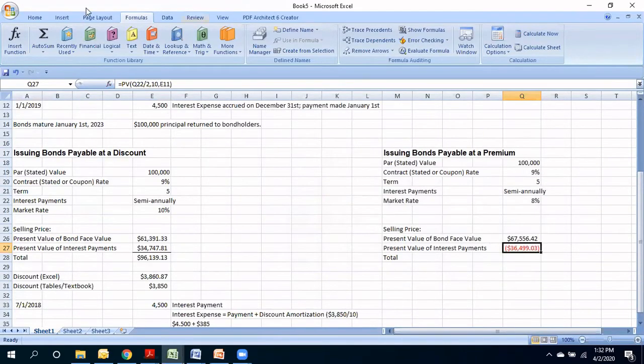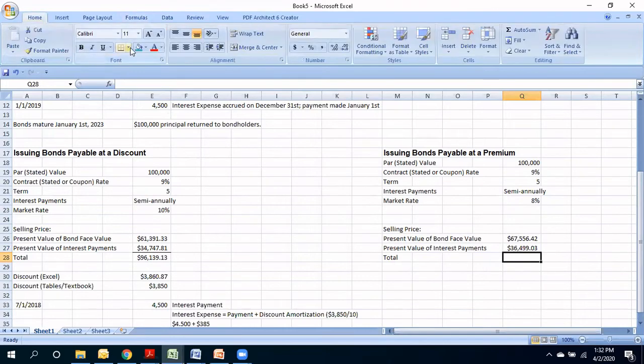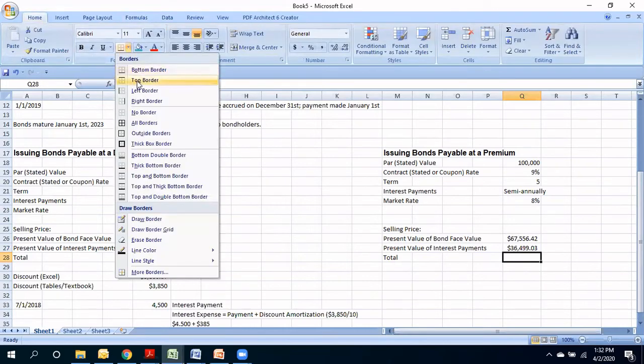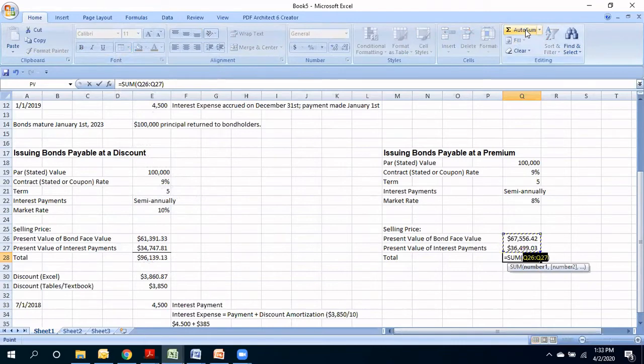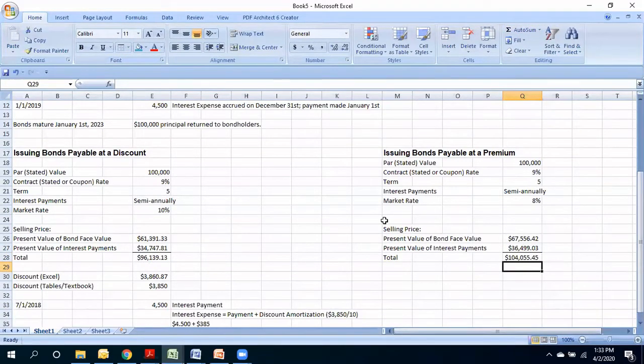So there is the present value of the stream of those interest payments. And that leaves me with a present value of $104,055.45. What does that mean?